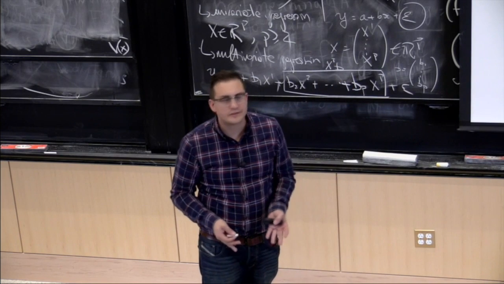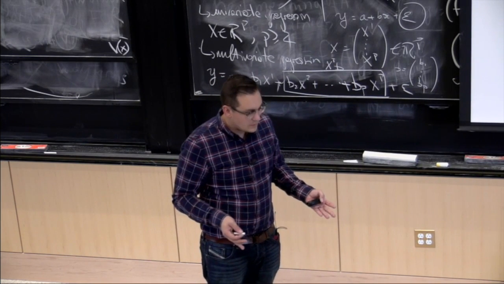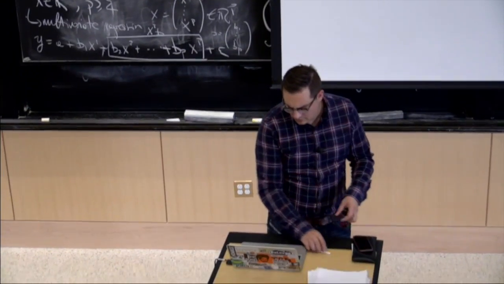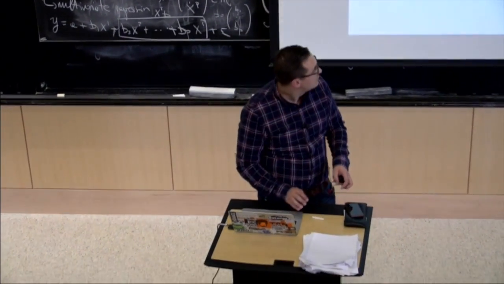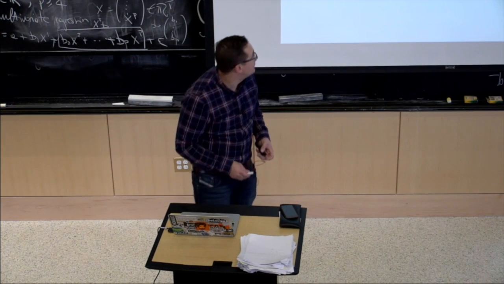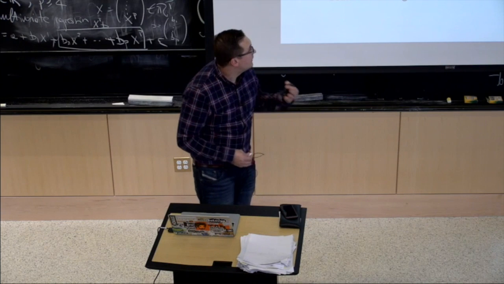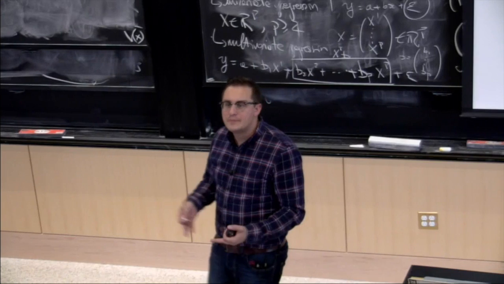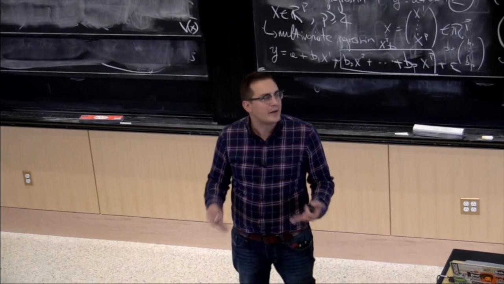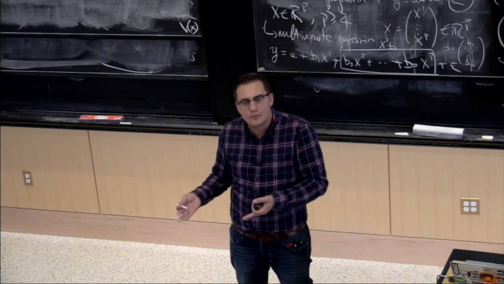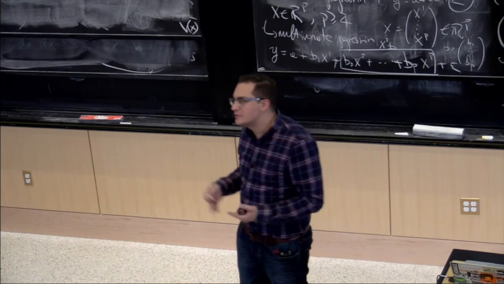Are you going to say they're Gaussian, or are you going to say they're binomial, or are you going to say they're Bernoulli? So that's going to be what we're going to make sense of. And then we're going to try to find a method to estimate A and B. And then maybe we're going to try to do some inference about A and B. Maybe test if A and B take certain values, if they're less than something. Maybe find some confidence regions for A and B. All right?